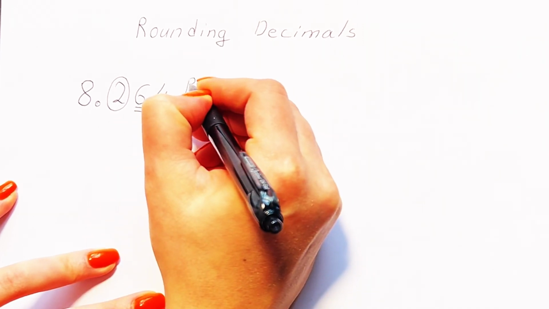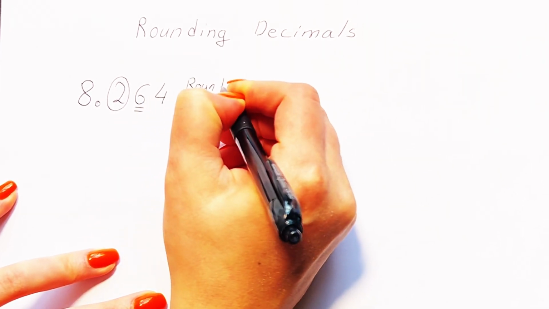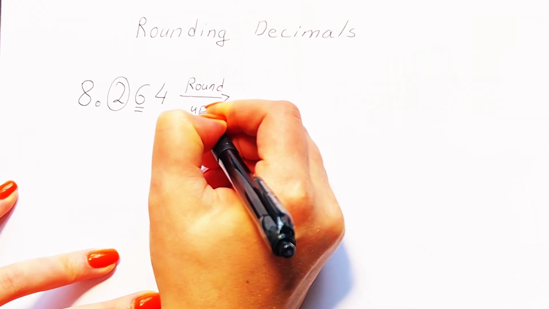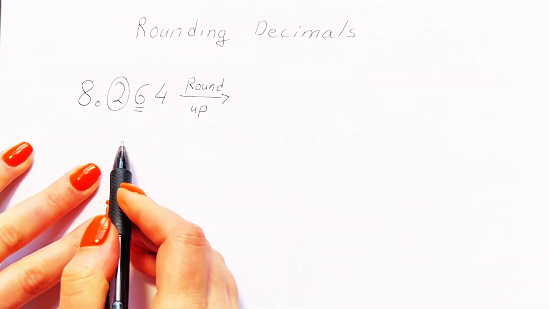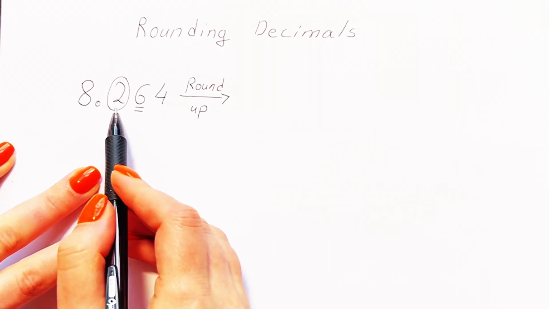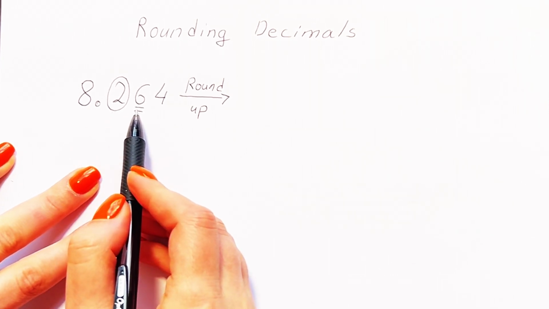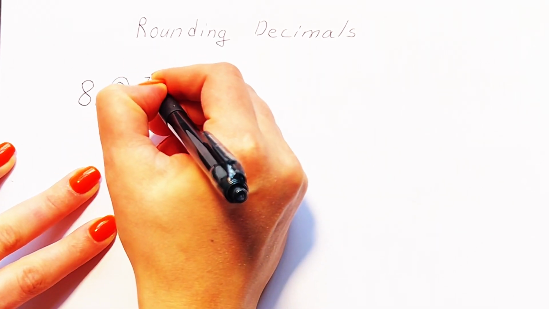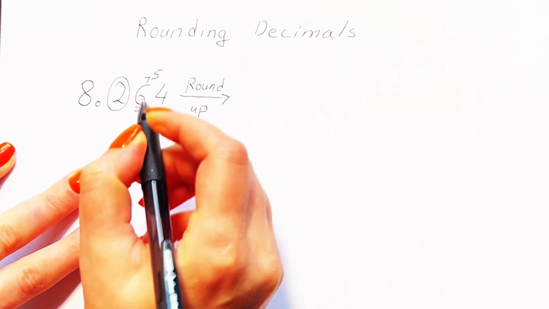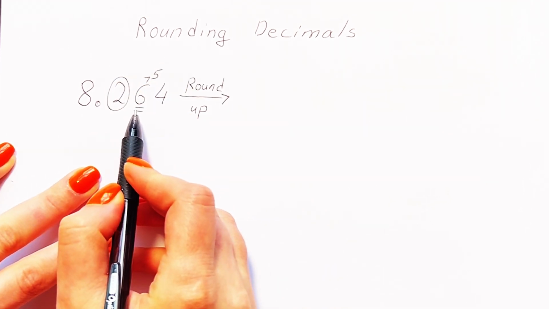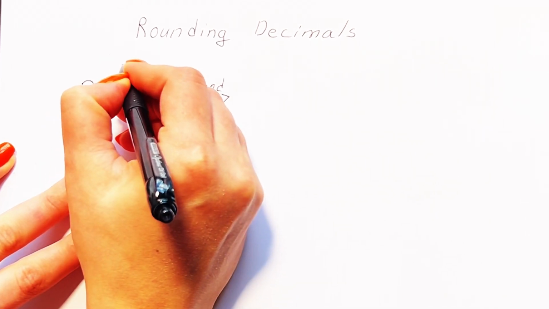Round up. Another way, when I'm rounding it to the nearest tens place, the next digit, if it's greater than 5, I'm rounding it up.